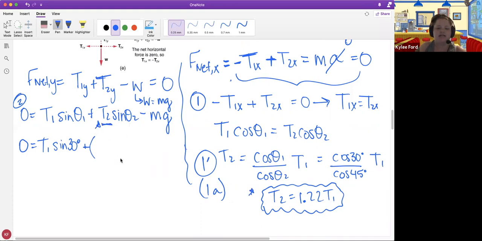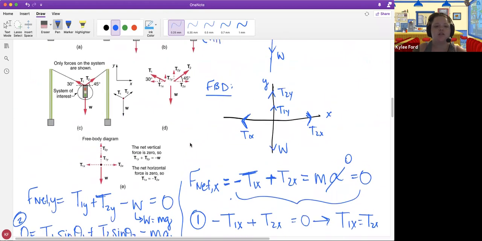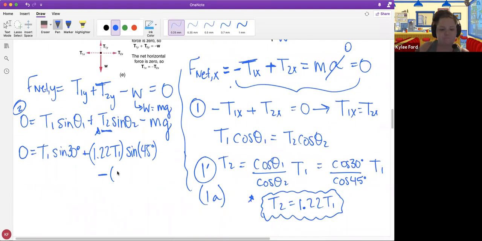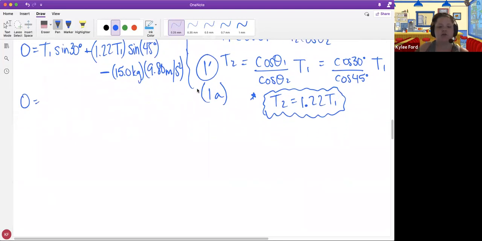So I'm gonna plug that in as 1.22 times T1 times sine 45 degrees, minus my mass, which was given in the beginning of the problem as 15 kilograms, and multiply that by g, which is 9.8 meters per second squared. So I'm gonna keep going.